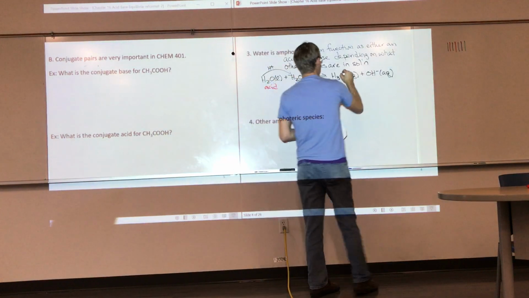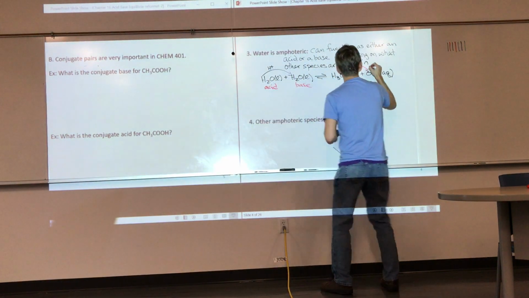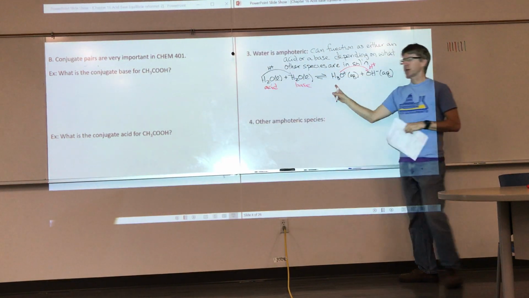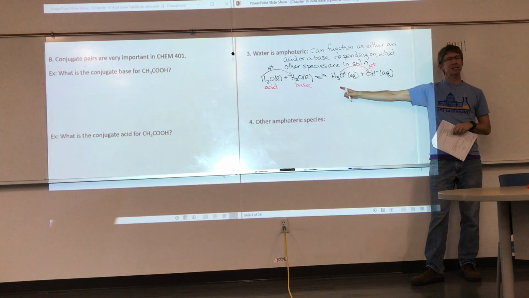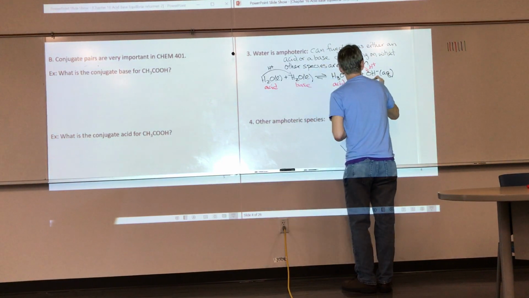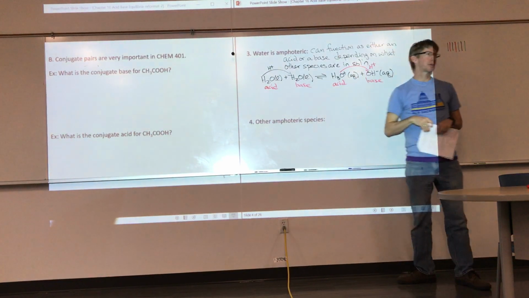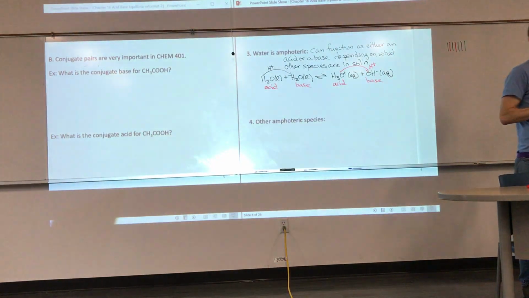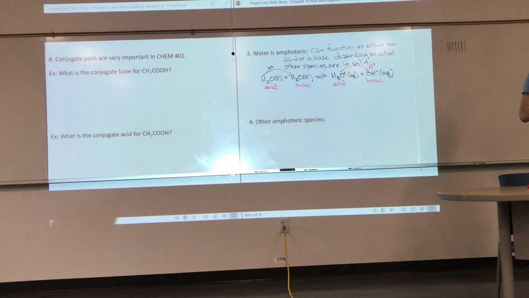On the other side, we do this in both directions. We are not surprised to find that hydronium is again an acid, and that hydroxide is a base. In fact, hydronium is always an acid. Hydroxide always a base.